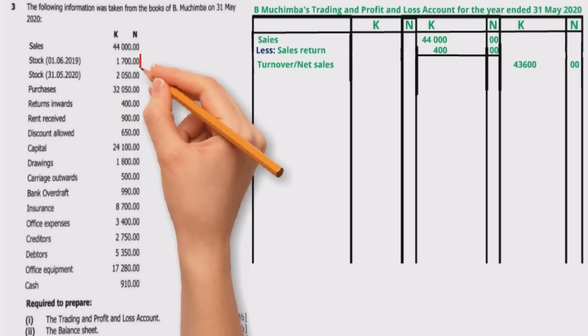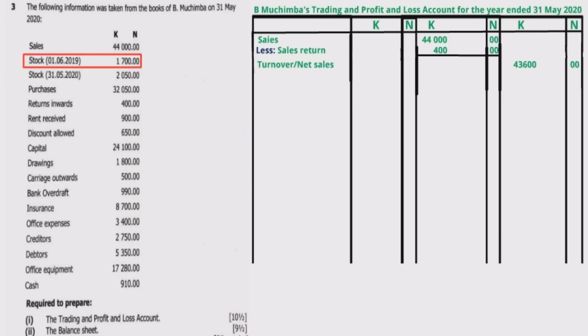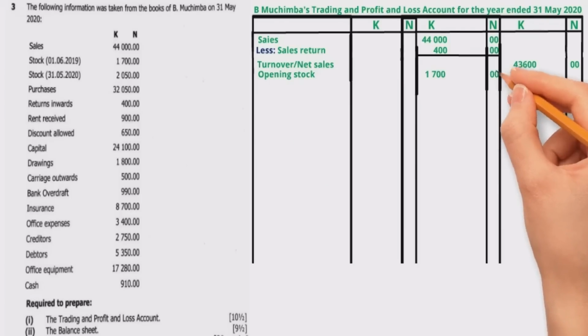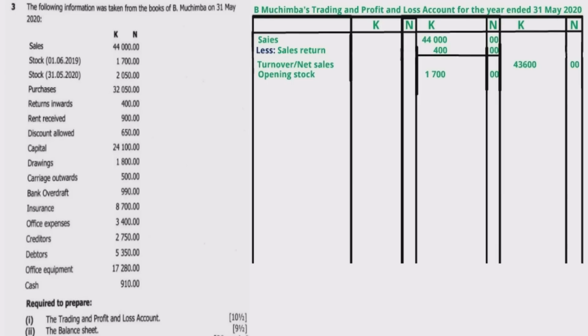Then afterwards I'm going to write opening stock. We are told opening stock, which was in June 2019, was 1,700, so I'm going to write 1,700 there.